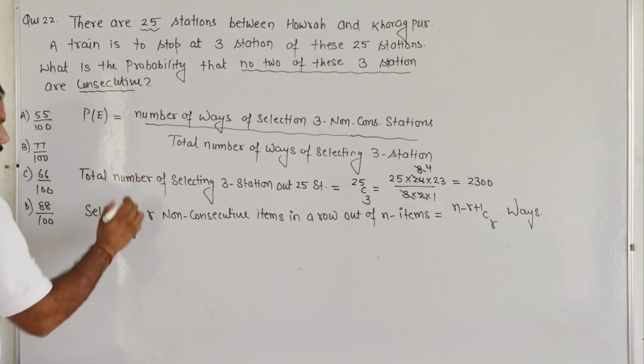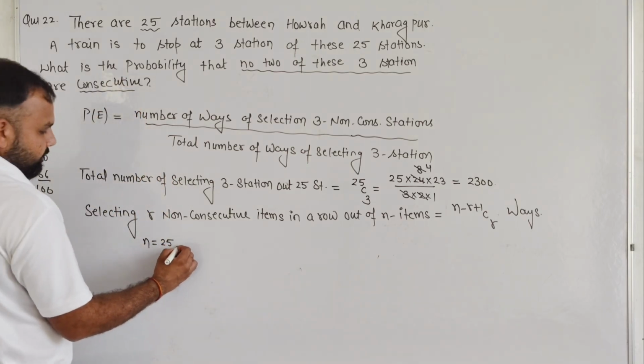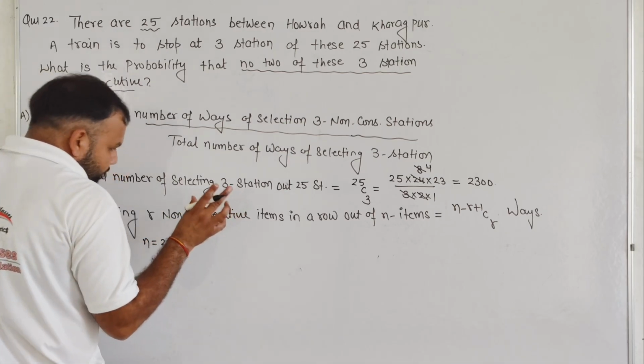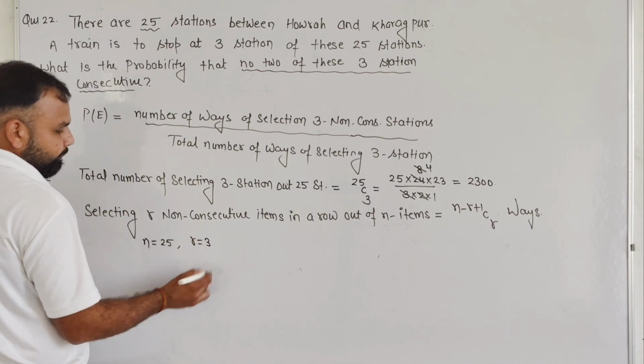And student, you know very well that n is 25, that is 25 stations, and we need to select 3 non-consecutive stations, so r is 3 over here.